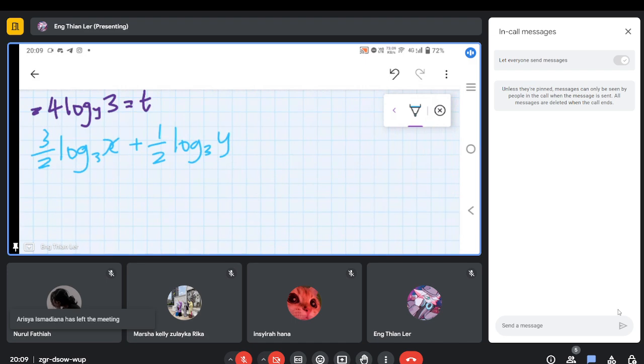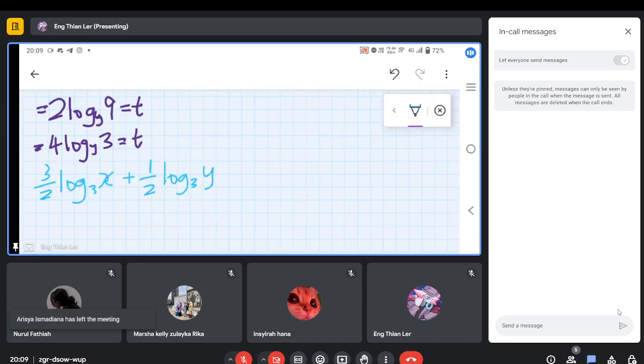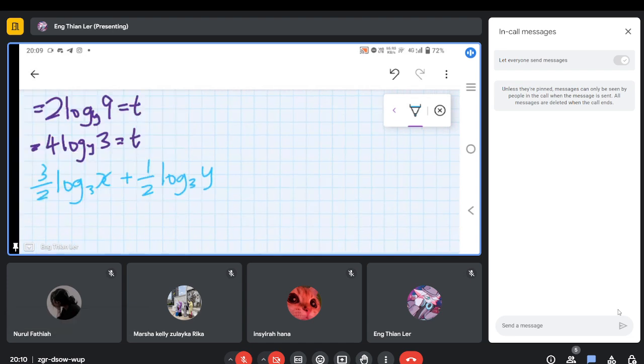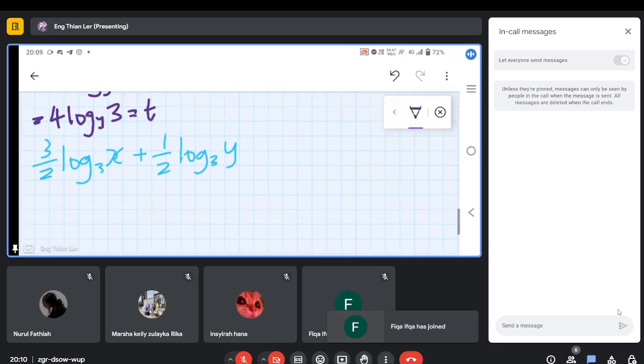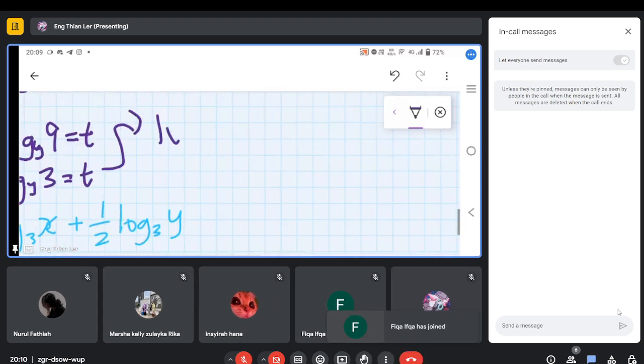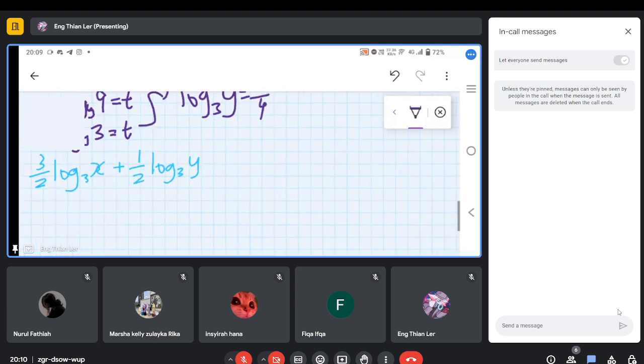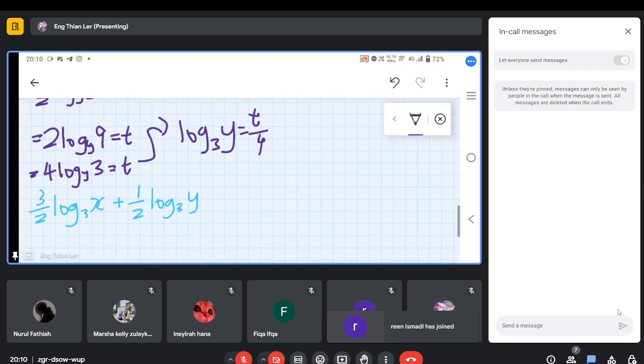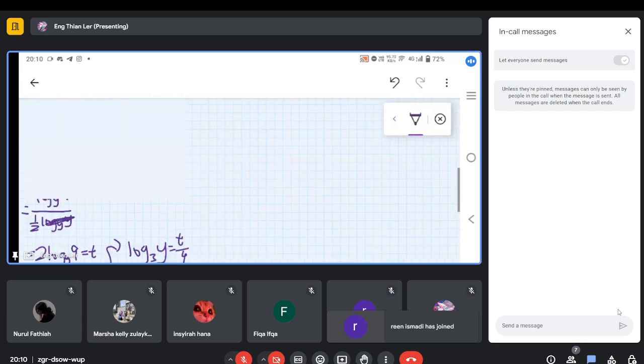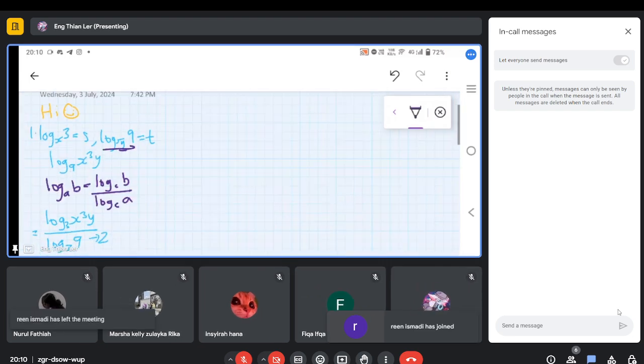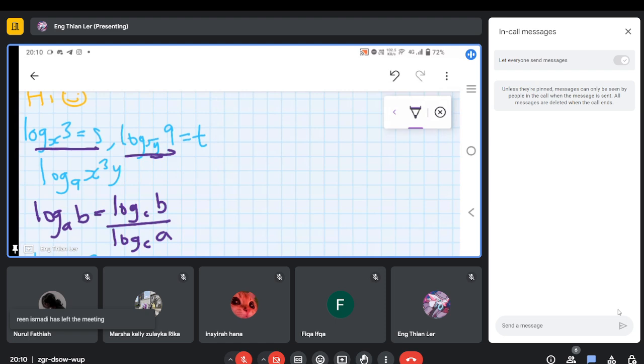Okay, so now we have this expression. So far we have log 3x only, but in the upper part we have 4 log y base 3. So we're just going to divide both sides by 4. We will get log y base 3 equal to t over 4. And we already have log x base 3, which is s. So we just substitute.